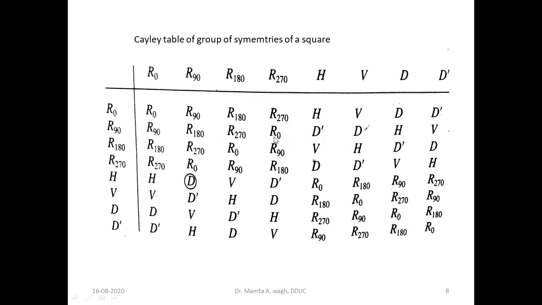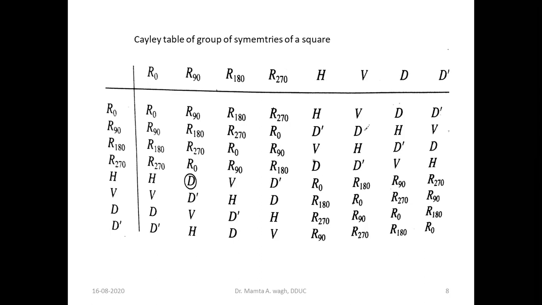So you can observe from this table that we have not written any element out of that set. So we are getting elements from that set only. And this table helps you analyze the structure of the group. From this table, first of all, it is clear that the set is closed under the function composition.